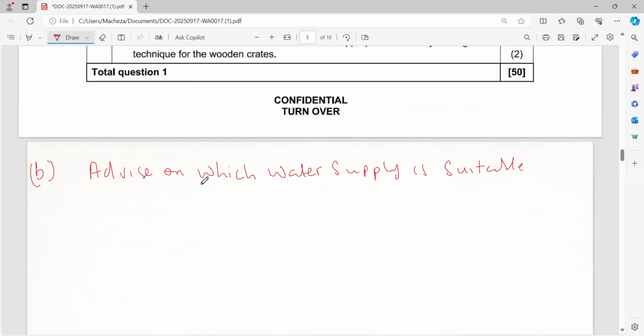Right, so what we are going to do now is first determine the cost of the municipality. So let's start with the municipality water supply.